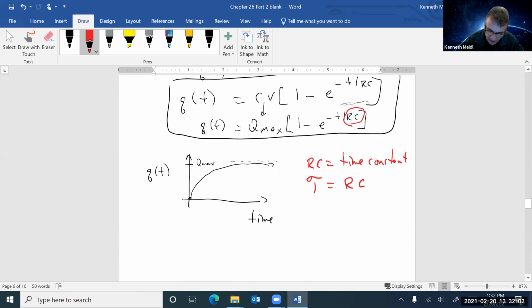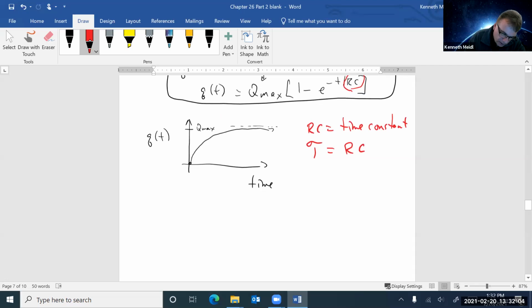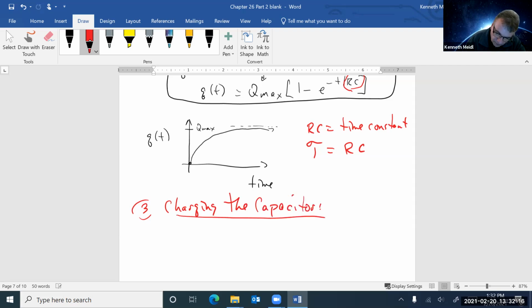Okay. And so number 3 here, we're still charging the capacitor. And what we want here is the function of time of what the current looks like.